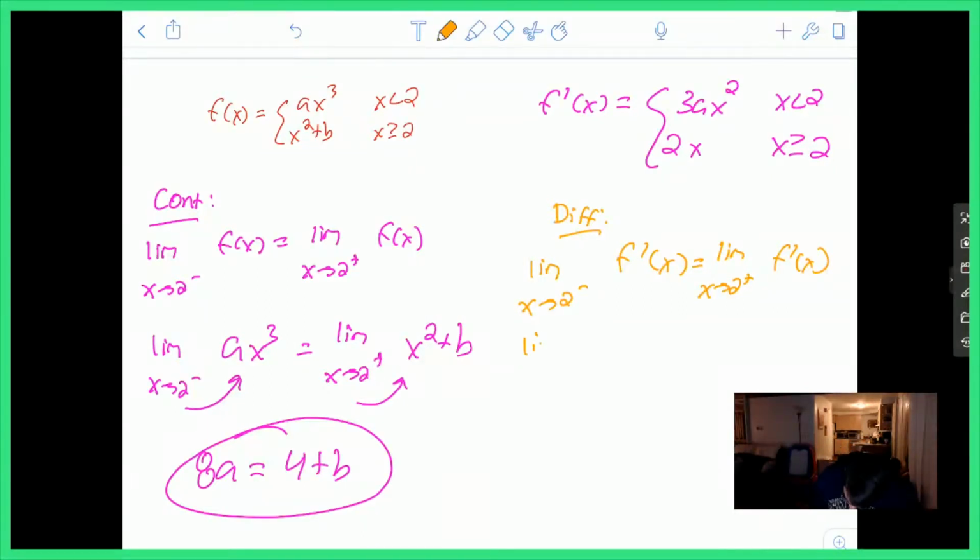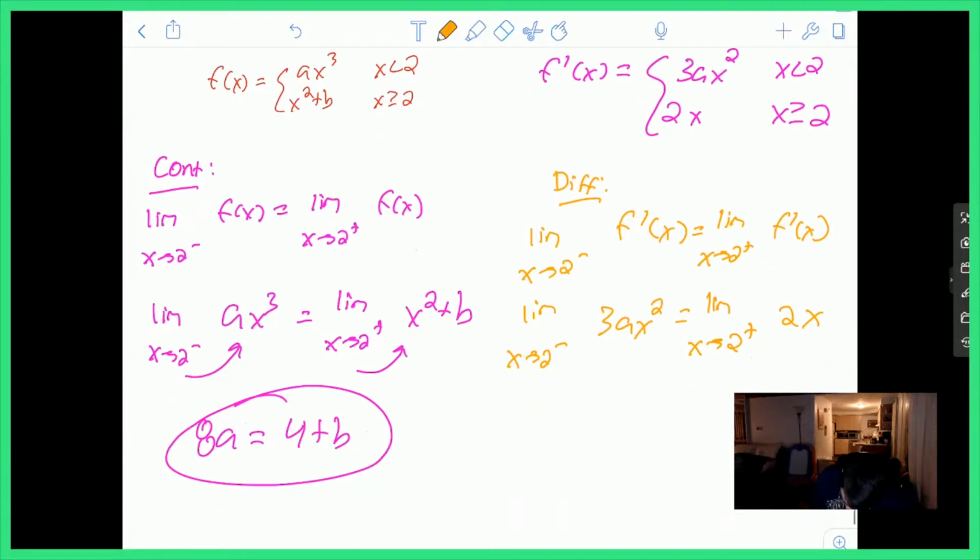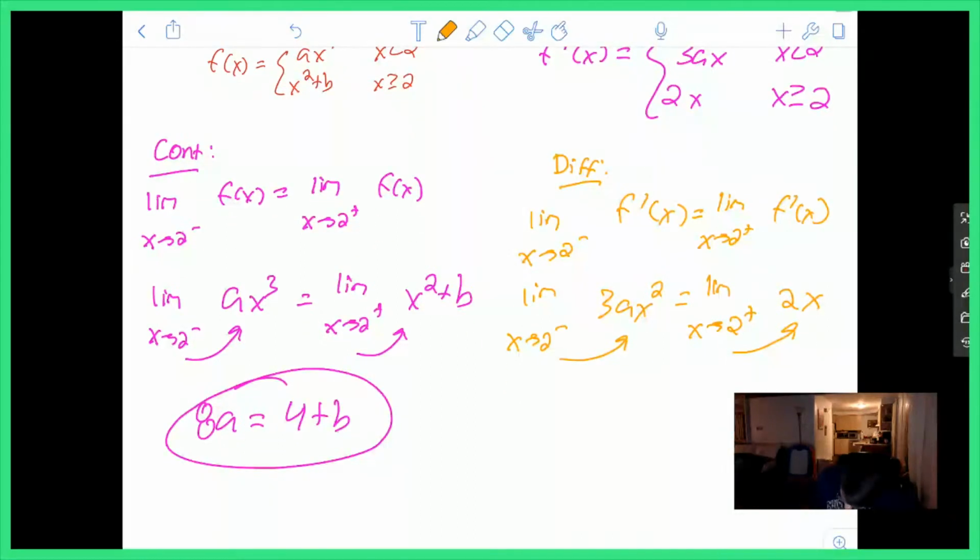So this is the limit as x goes to 2 from the left of 3ax squared, and the limit as x goes to 2 from the right of 2x. And I think this is just going to equal, if I plug a 2 in and a 2 in, 2 squared is 4 times 3 is 12a equals 2 times 2 is 4. Divide by 12, divide by 12, a is 4/12, which is 1/3.